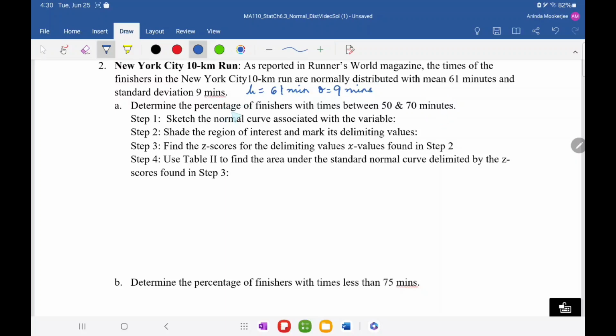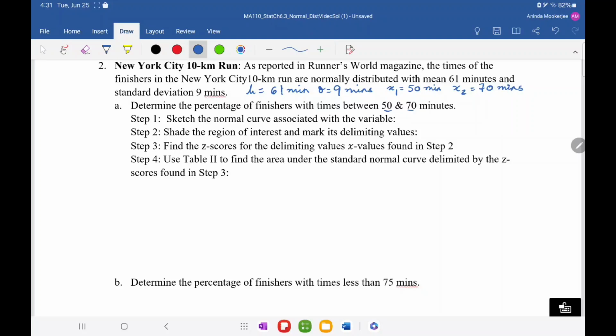In other words, they want to know the percentage of finishers who finished within the time of 50 and 70 minutes. So 50 and 70 minutes are the individual observations. I'm going to label X sub 1 as 50 minutes and X sub 2 as 70 minutes.